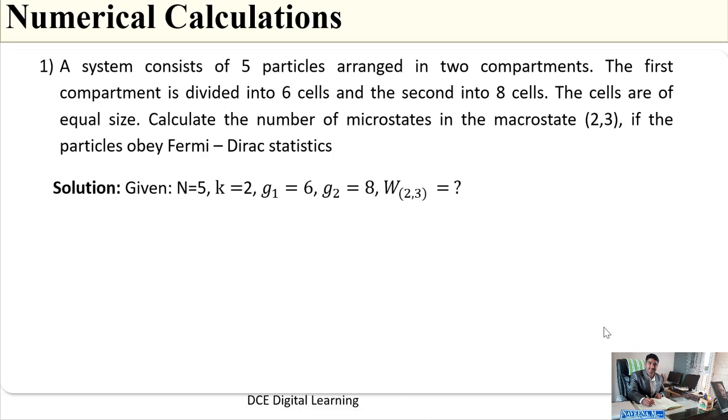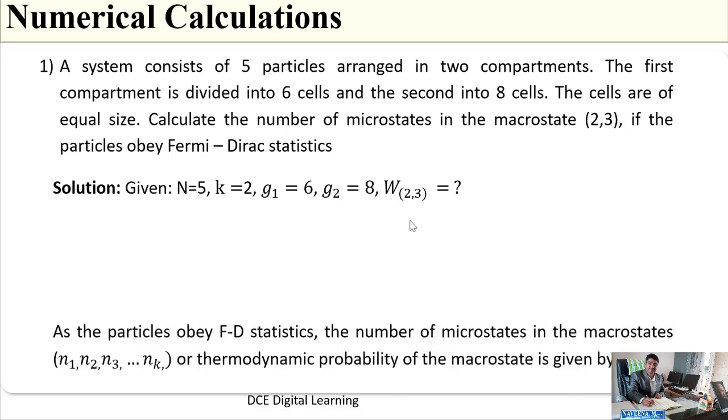Given the total number of particles N equals 5 and the compartments k equals 2, G1 equals 6, G2 equals 8. What they are asking is to find W(2, 3).